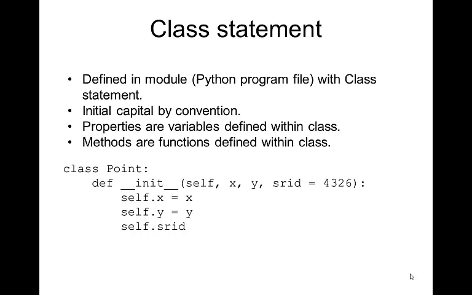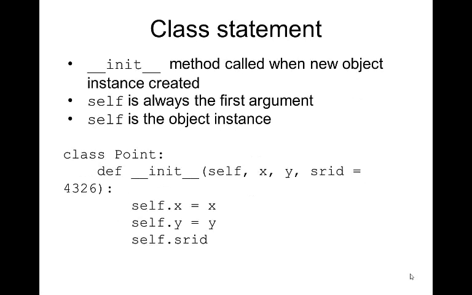Doesn't really matter. And then we have a couple of lines of text. self.x, which is the x value of the instance of the object that we've just created, is set to x. The value of the y attribute of the instance is set to y, and the value of the srid should be set to the srid, but seems to have lost the code there. Oh yeah, there we go.